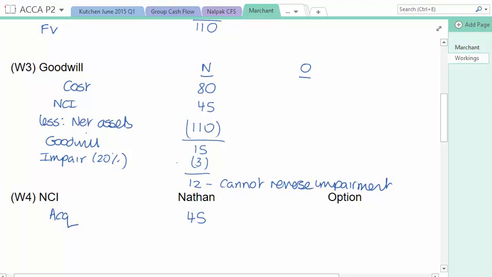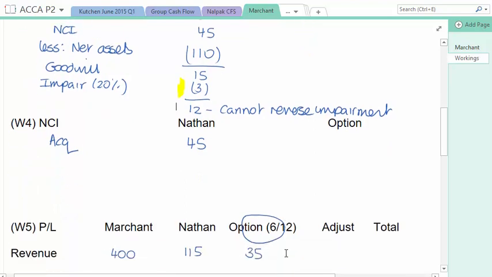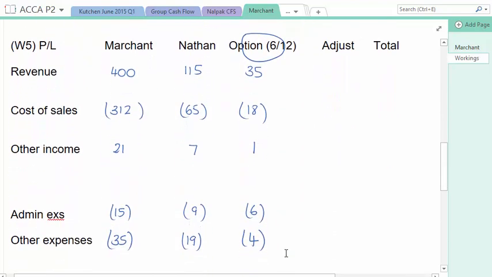They've reversed this figure here of 3 million, and they've added an extra 2 million into the calculations. And I'd imagine that's gone through to other income, because that's what you'd normally do with something of that nature. So what I'm going to do, I'm going to go to other income here and say that we've got our goodwill reversal.